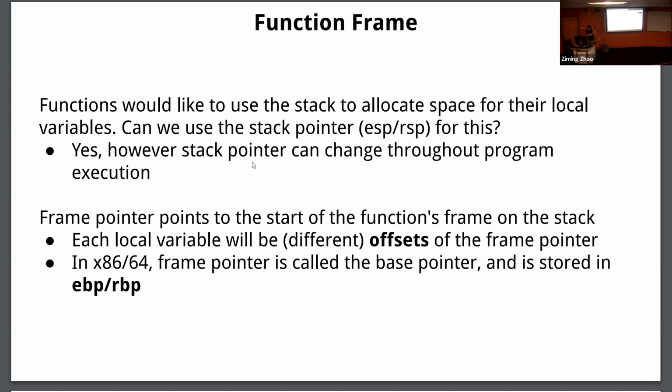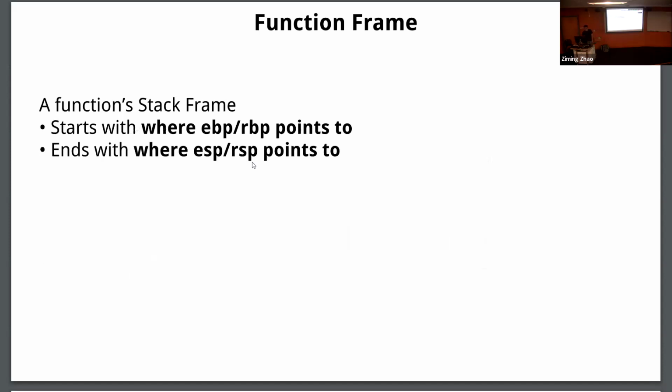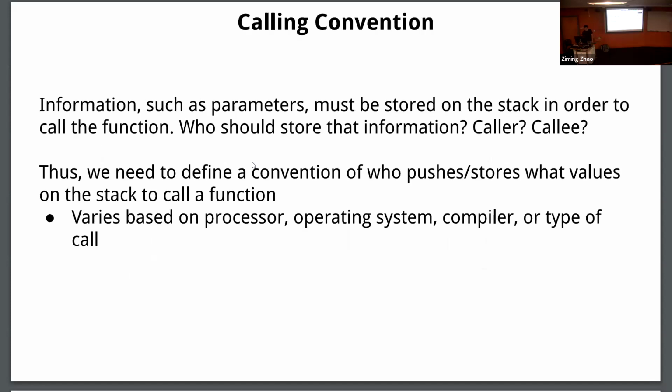The frame pointer points to the start of the function frame on the stack, and then each local variable will be referenced by an offset from that frame pointer, and that frame pointer will use EBP. To remember this, you can remember that it's a base pointer, okay? Extended base pointer. We will see more examples of that. Let's keep those concepts.